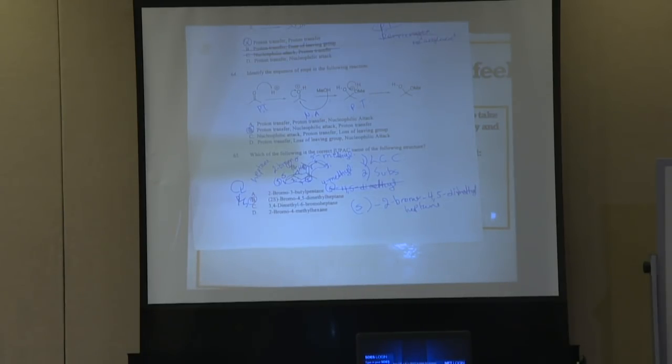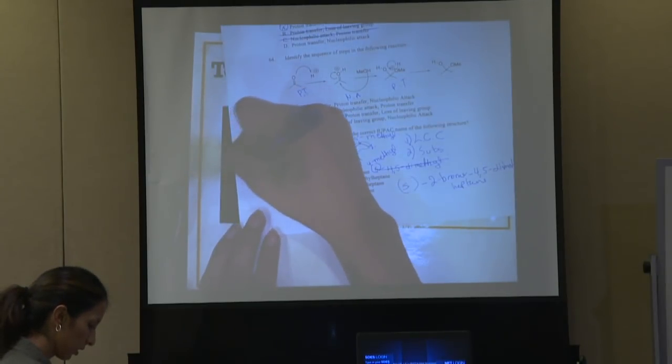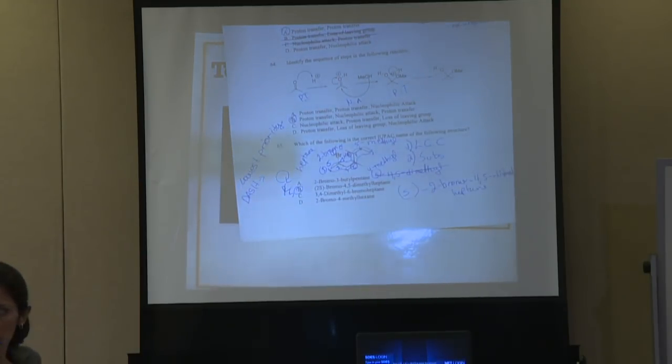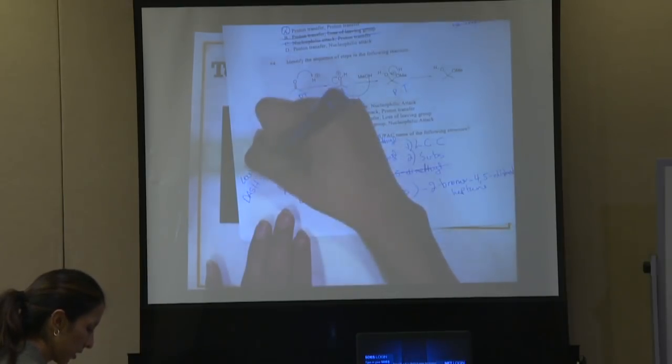So if your lowest priority is on a dash, what do you do to the configuration once you figure it out? Do you keep it or flip it? Keep it, okay. If it's on a wedge, what do you do?